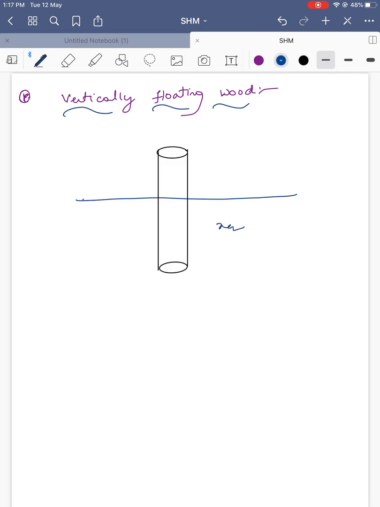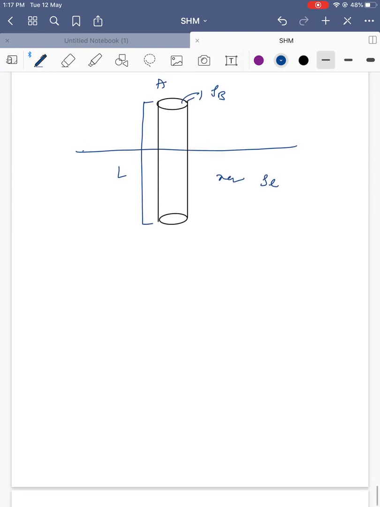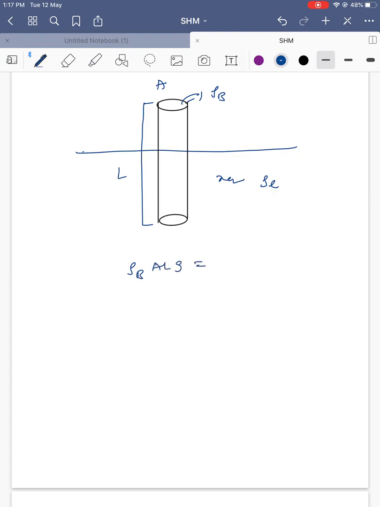Say the density of the body is rho B, and the density of liquid is rho L. Say total volume is V. Let's consider the area of cross section is A and total length is L. To balance it, density of body rho B into A into L into G must be equal to rho L into area into some fraction x, which is in the liquid.